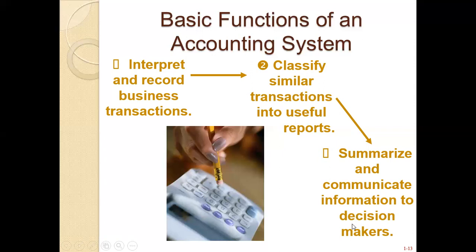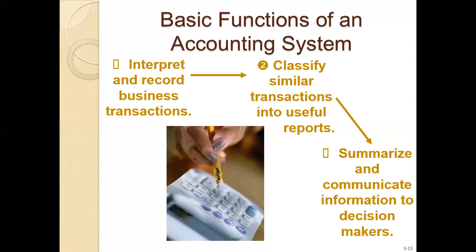Again, the concept is repeating: when you make the useful reports, I mean the balance sheet, financial position, income statement and cash flow, you can easily communicate to the decision maker. Then the decision maker can make a good decision.